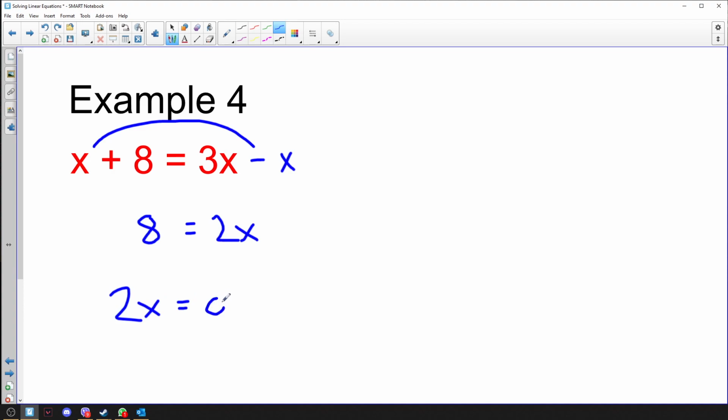2x equals 8. 2 times what equals 8? Easy peasy, x equals 4. Now let's test it and put it in to see if it actually makes sense. So let's pretend this x is a 4. 4 plus 8.